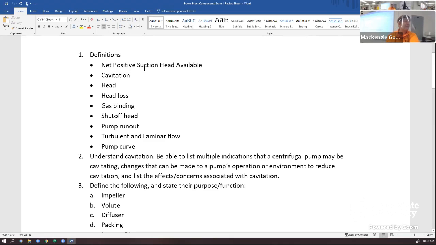Be able to talk about net positive suction head available and cavitation. What is net positive suction head available? So let's pull up the DOE handbook definition. So you have the specific definition, and then we'll talk about what it is. So let me open the DOE handbook.